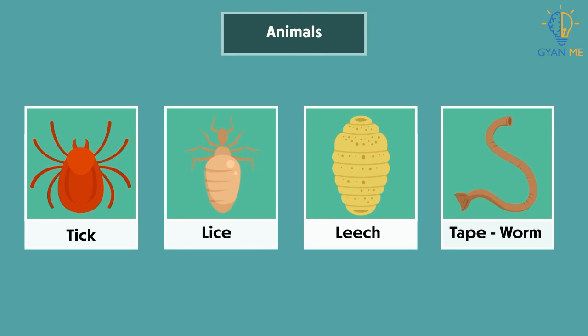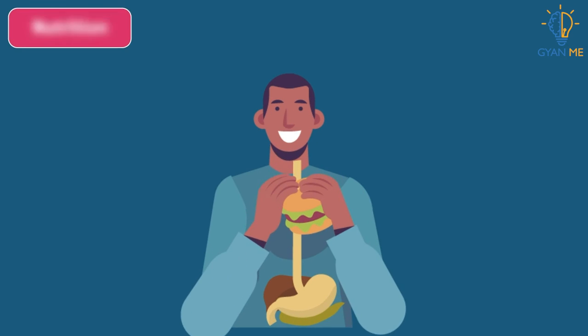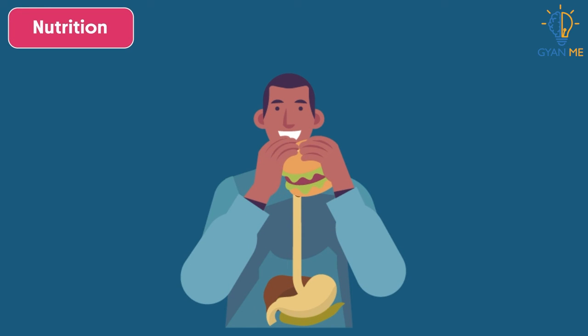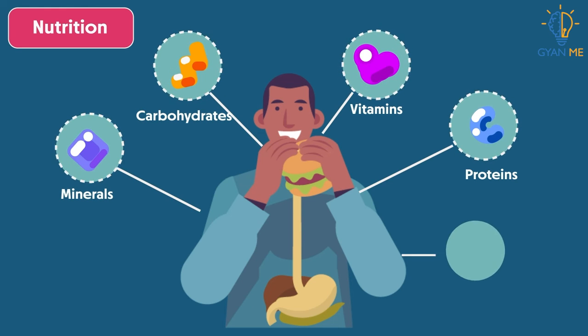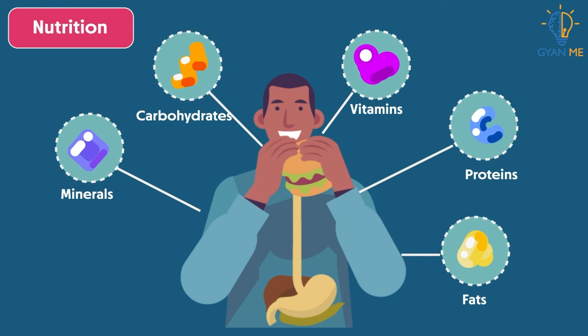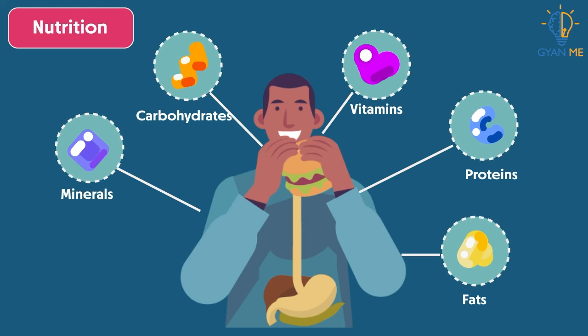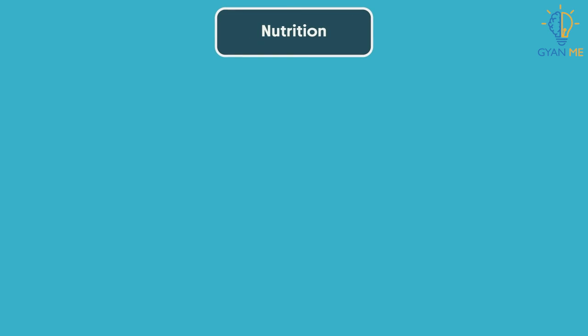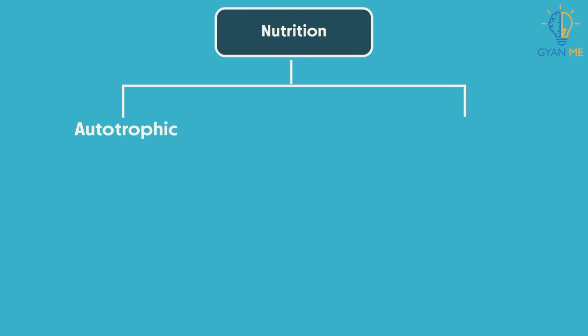Thus, students, we have learned that nutrition is the biochemical process by which an organism uses food to support its life. The process of nutrition provides the required materials for the energy requirement of the body for various life processes. We have also learned that there are two different modes of nutrition, which are autotrophic nutrition and heterotrophic nutrition.